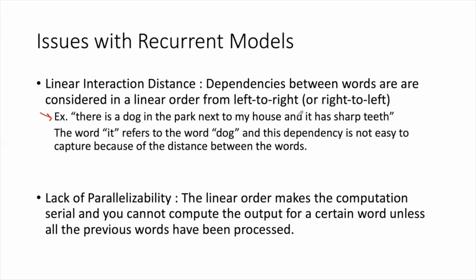Now, with the introduction of GPUs, parallel computation is really fast, but we are not able to exploit it because of this linear dependency. We have to go one word at a time, so we are not able to reap the benefits of GPUs. These are the two main issues for recurrent models. Because of this lack of parallelizability, the training time also increases. That's another effect.